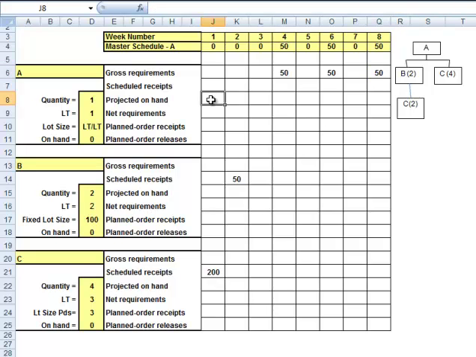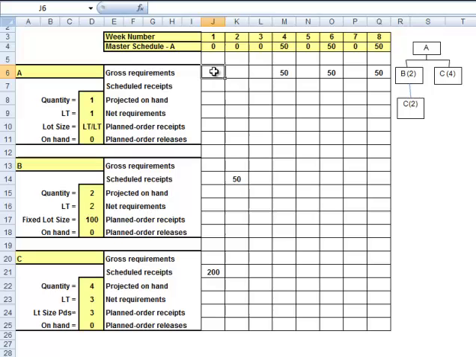So here's our projected on-hand inventory row of the spreadsheet. We're going to do the calculation here. So we're assuming we're at time period 1, and our on-hand inventory for time period 1 is 0. So we're starting out with 0.